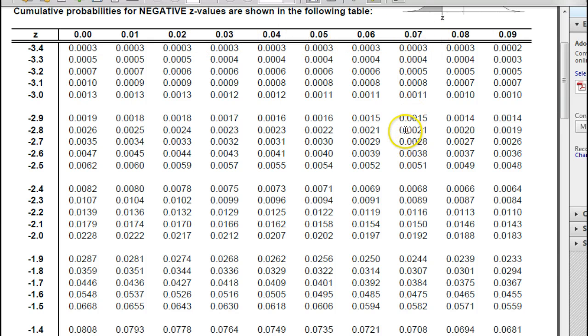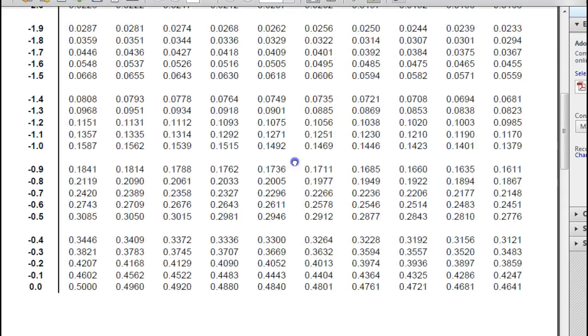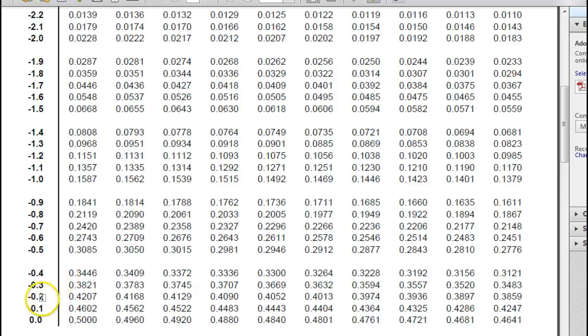This is the column that I want. So you can't see it anymore, so we're just going to have to remember. So negative 0.2, 0, 1, 2, 3, 4, 5, 6, 7. Okay, so this is the number that we want.